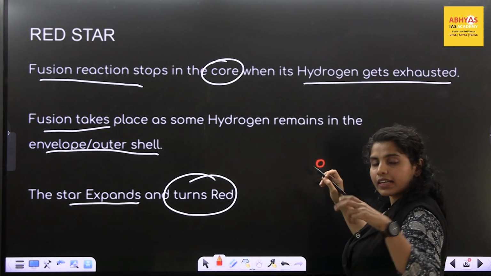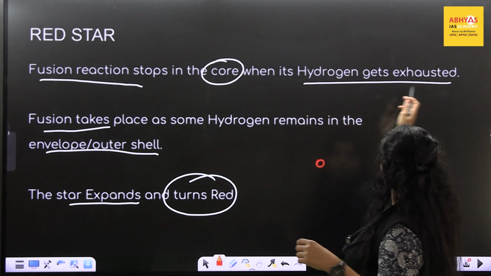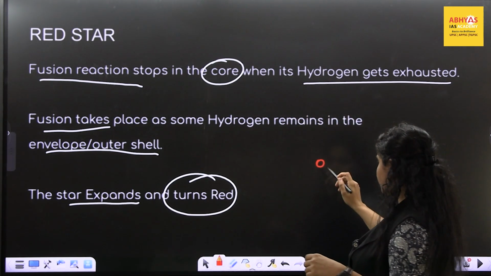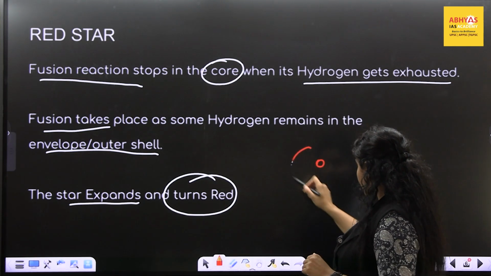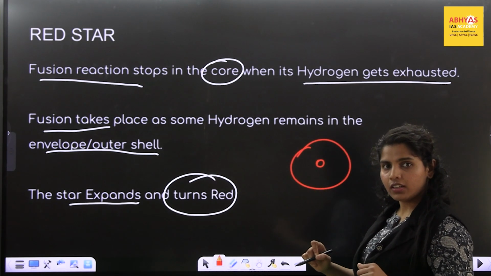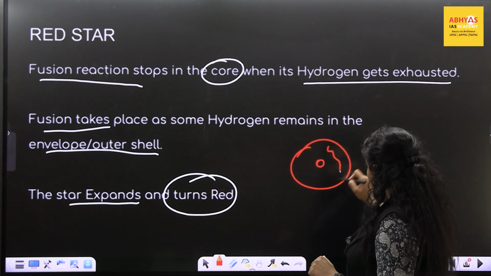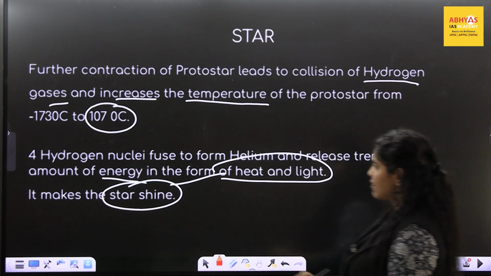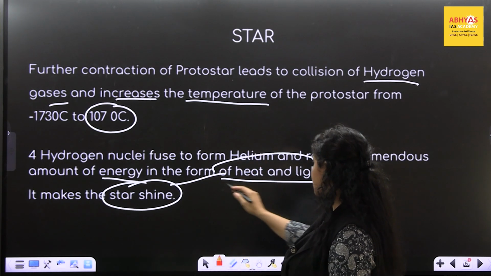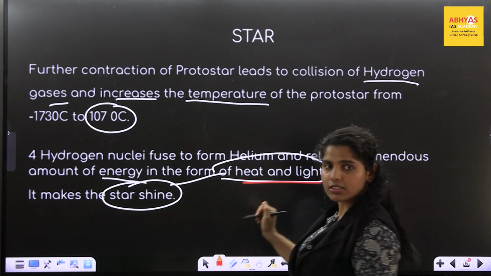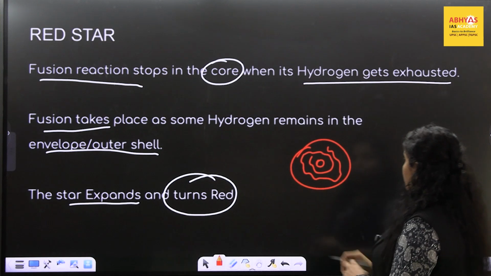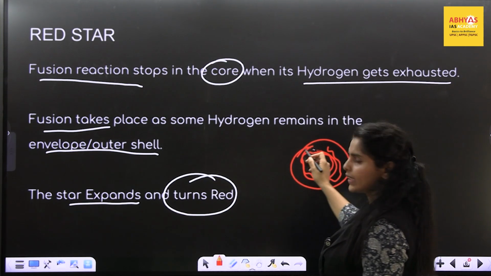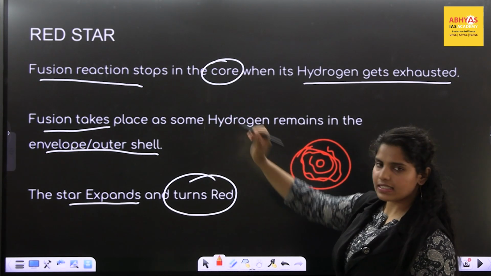In that process the hydrogen got exhausted in the core, but it is still there in the outer shell. Okay, now this part is emitting light. As we have seen, when this process is taking place, it will emit heat and also light. So now more than the core, the periphery is doing that. Then that is called the red star.